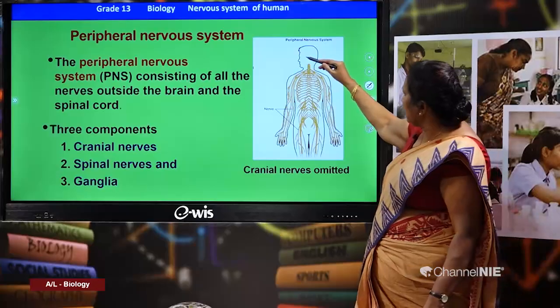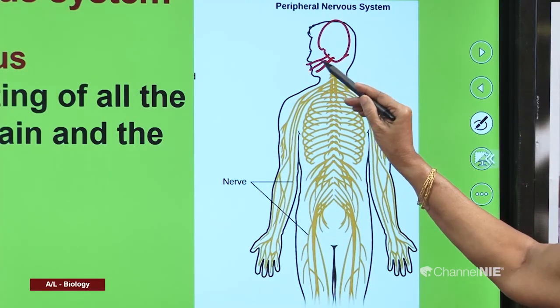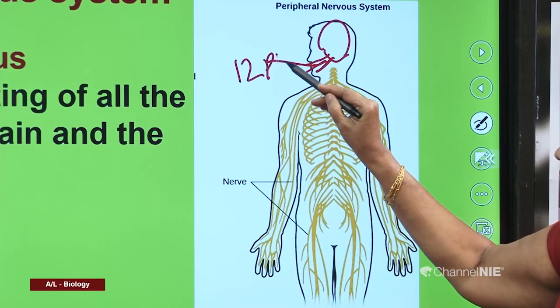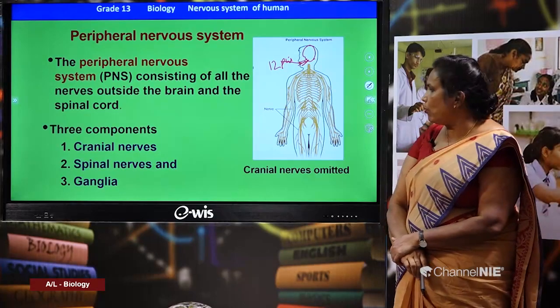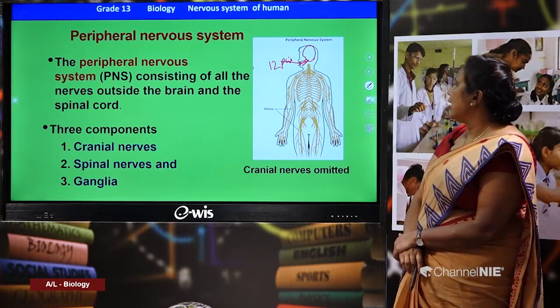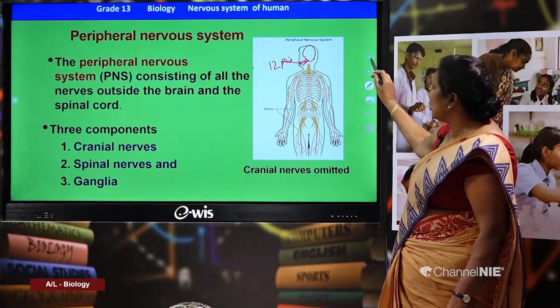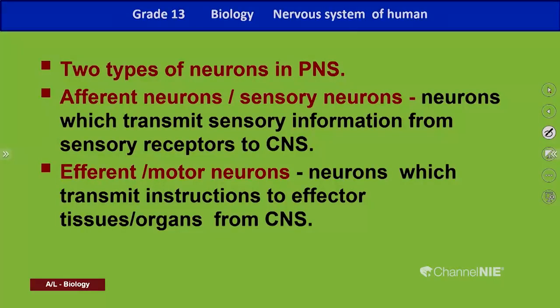The brain region produces a large number of cranial nerves as well, 12 pairs of cranial nerves. Therefore, the peripheral nervous system consists of 3 components: cranial nerves, spinal nerves and ganglia. I will show you how they are arranged. There are 2 types of neurons in the peripheral nervous system.